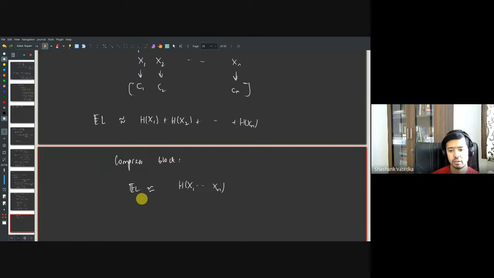If the Xi's are not independent, then this will be a strict inequality. So obviously it makes more sense to compress it blockwise. Otherwise, if the Xi's are correlated, then there is a penalty if you compress the sequence symbol by symbol.